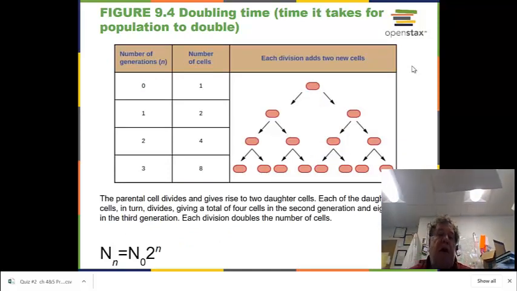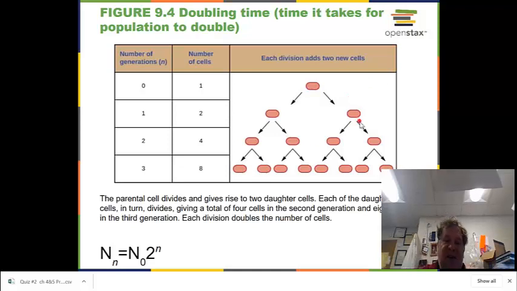So on this, we're going to get a doubling time. Typically a bacterium breaks in half, so you go from one bacterium to two. In your first generation, you have one bacterium. After one generation, you now have two. After two generations, each of those two produces two, so you now have four.